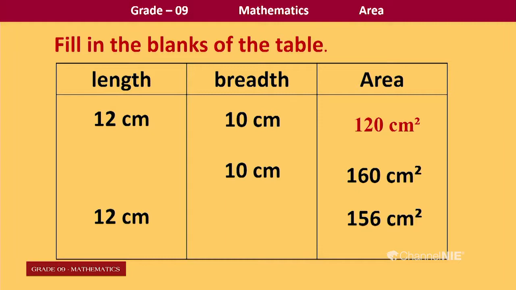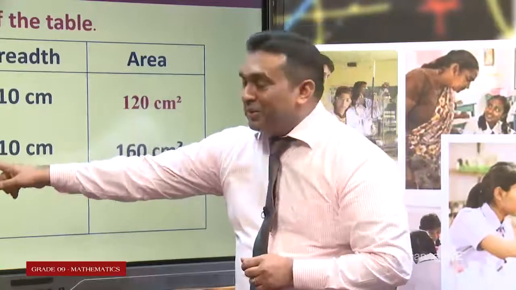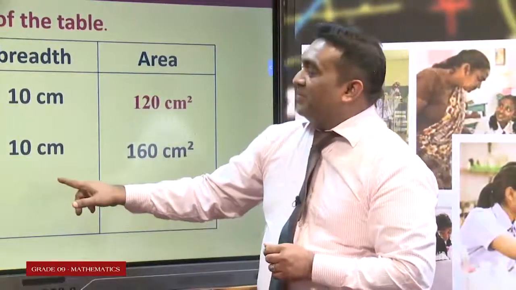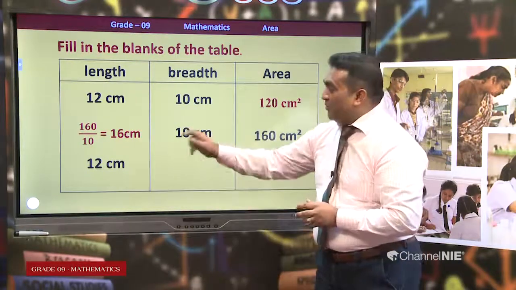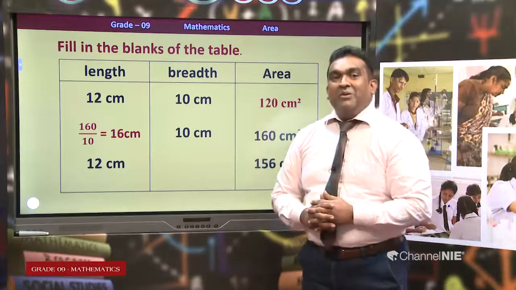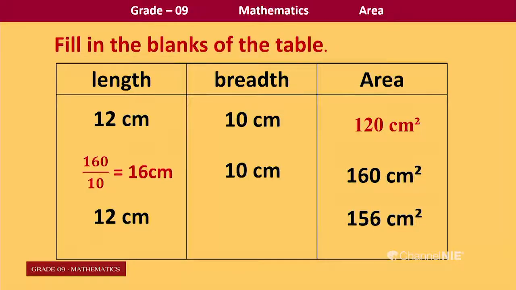Then we want to find out the length. According to our previous formula, area should be divided by breadth to find out the length. Area is 160. It should be divided by 10. Then you have 16 centimeters. Okay, next one.